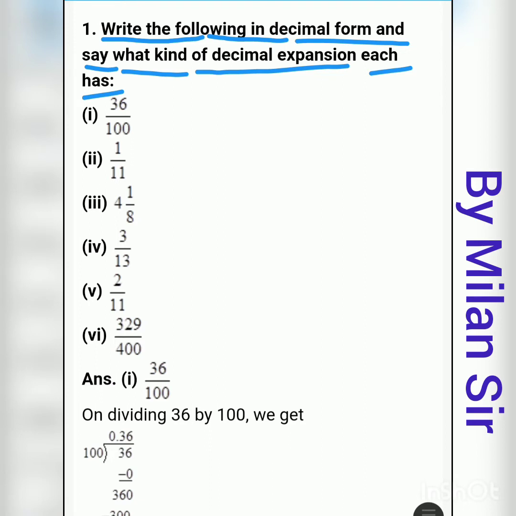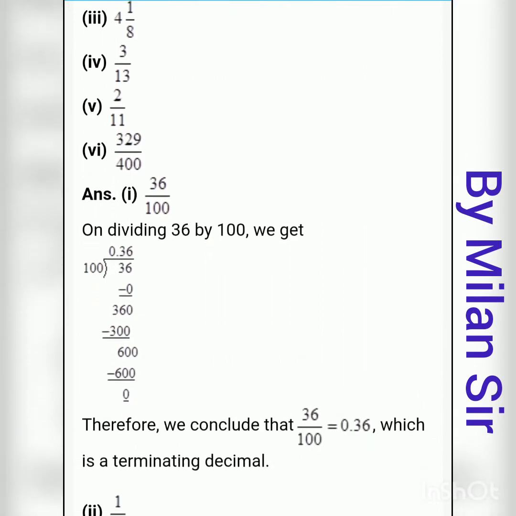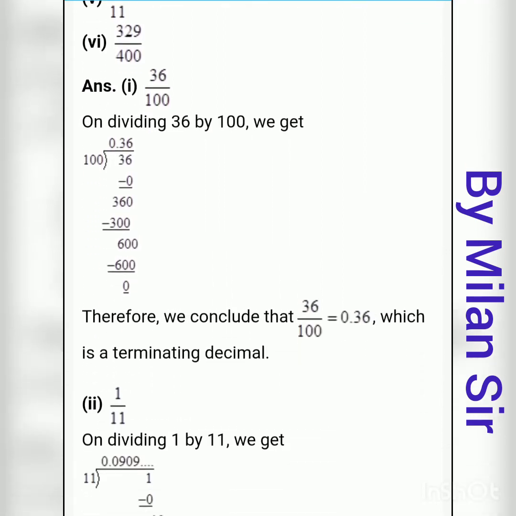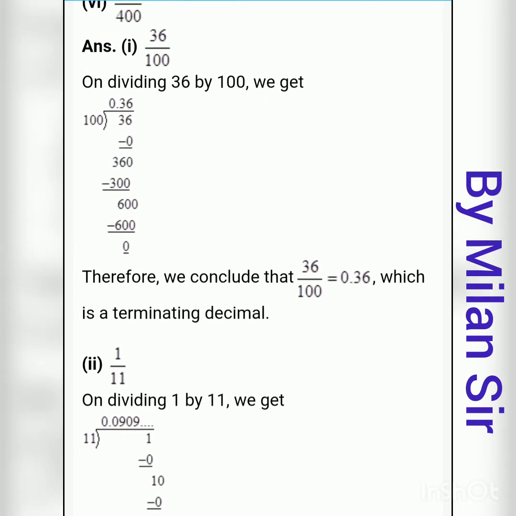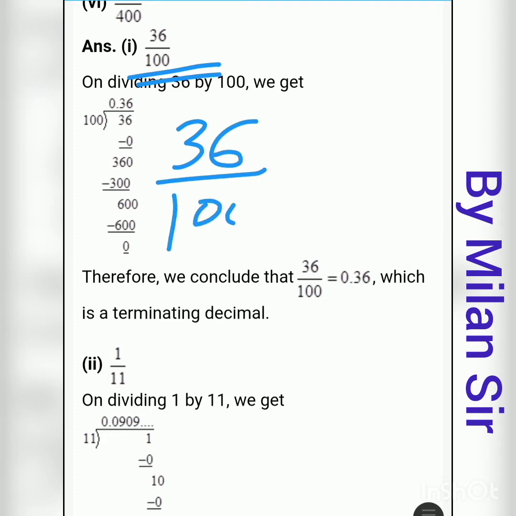Our first number is 36 divided by 100. Here in the denominator we have 100, that means two zeros. So in the numerator, before the last 2 digits, we need to put a decimal point.